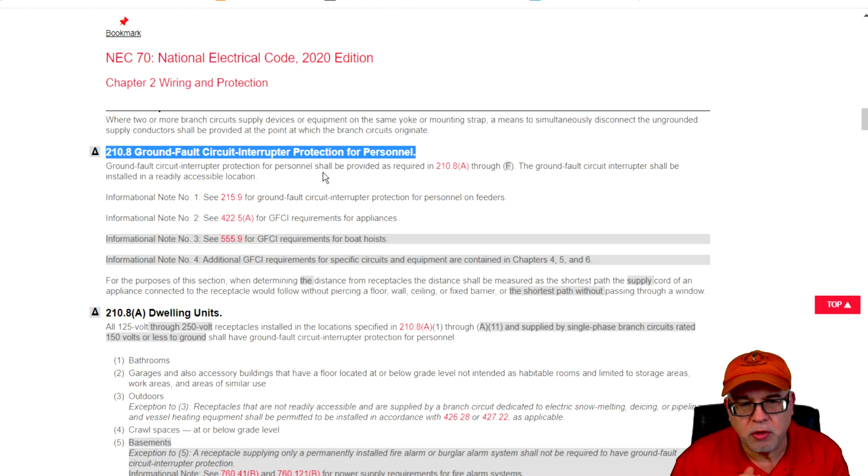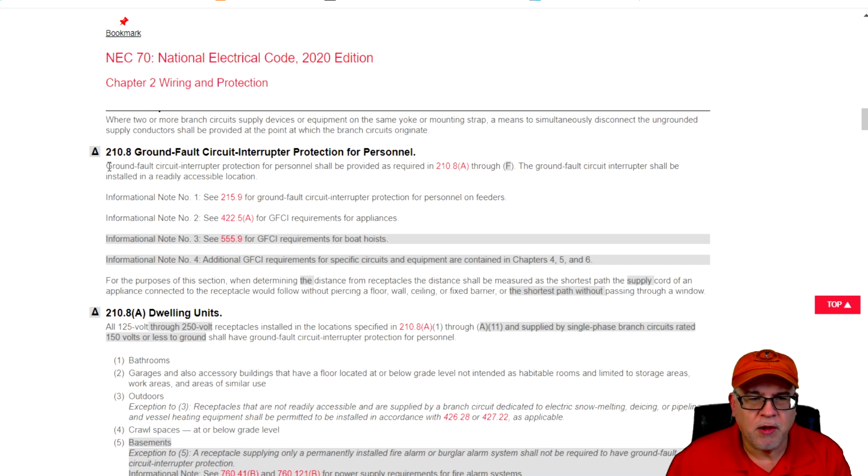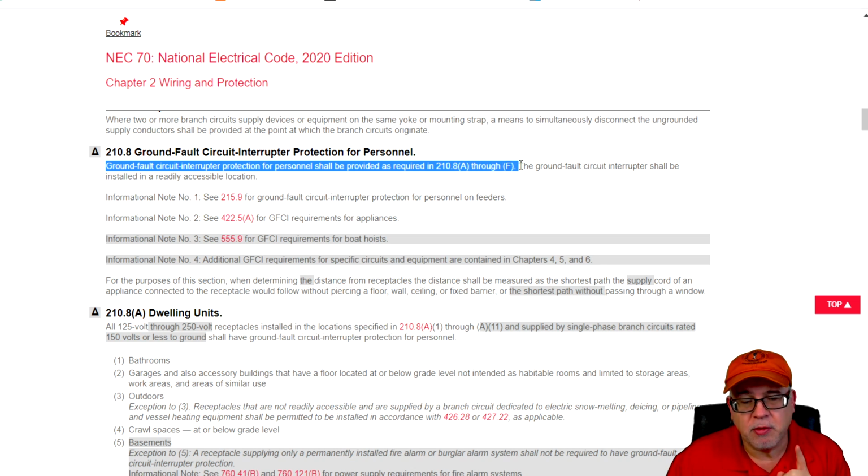I want to keep that so we're all on the same playing field. As I read the code, it says ground fault circuit interrupter protection for personnel shall be provided as required in 210.8(A) through (F). So (F) is new for the 2020 NEC.